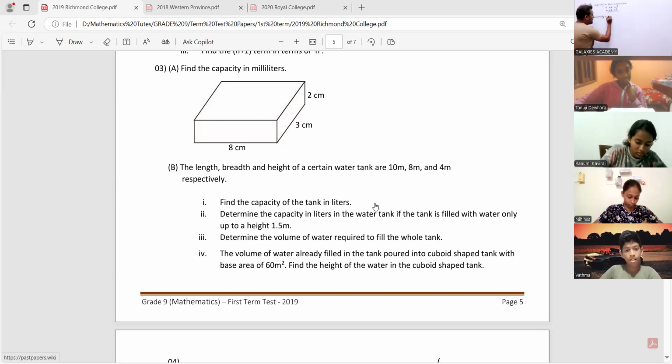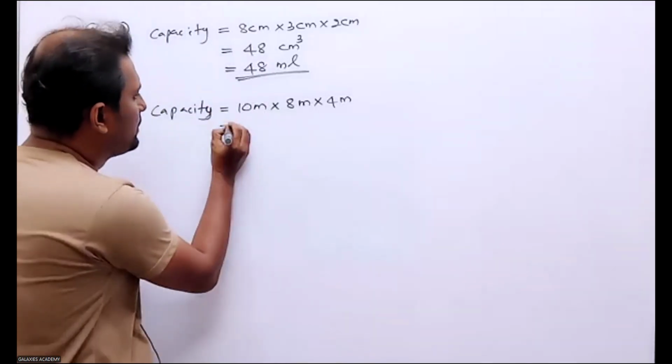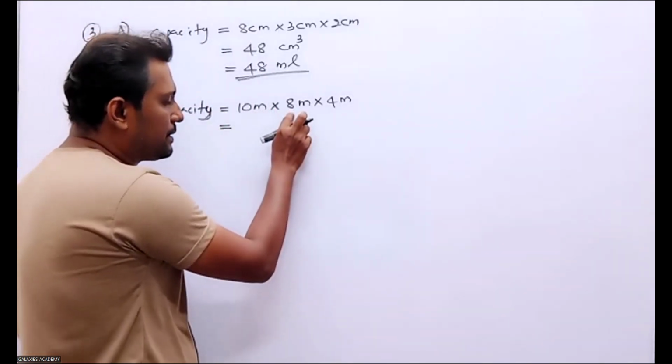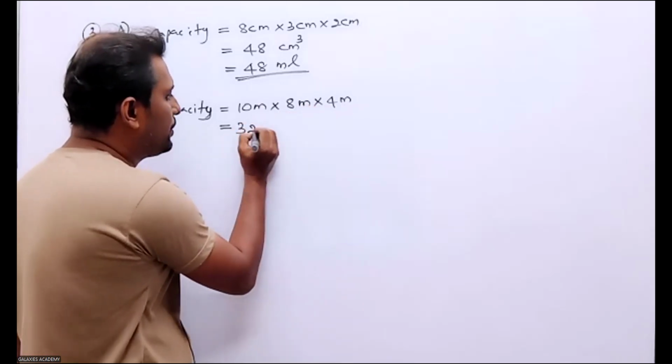Length is 10 meters, breadth is 8 meters and height is 4 meters. Then finally you have to write the answer in liters. 10 multiply 8, 80. 80 multiply 4, 320.